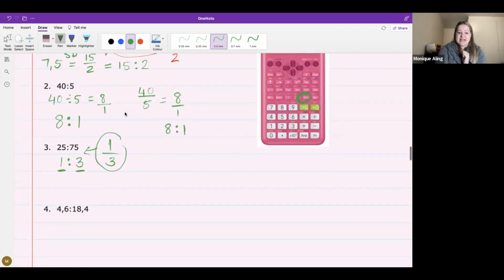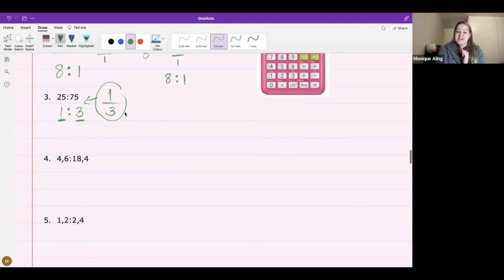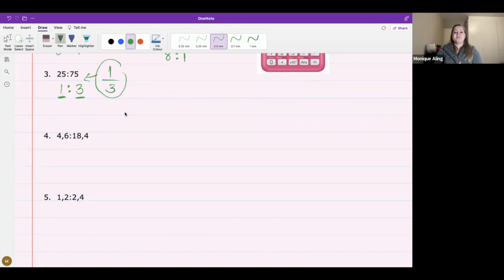Now let's see how the next 2 go. It is possible to simplify ratios with decimals. Oratile, no, not today.